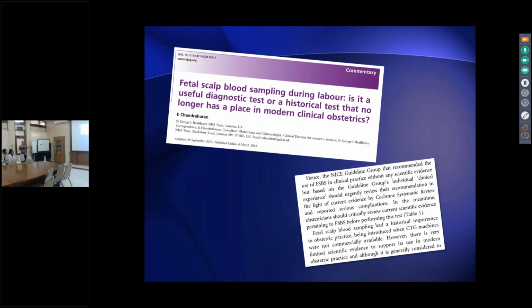In the meantime, obstetricians should critically review scientific evidence pertaining to fetal blood sampling before performing this test." So lots of individuals are now questioning the use of fetal blood sampling, none more so than people like Edwin Shalandran.